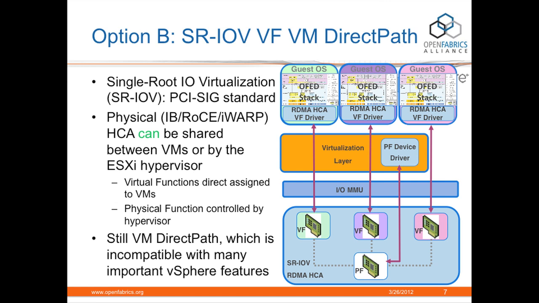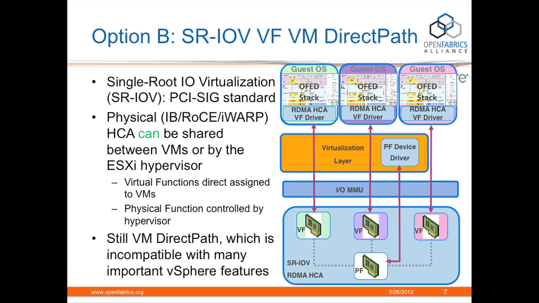But the virtual functions can now be direct assigned to different virtual machines. And you have a driver in your hypervisor which is controlling the physical function and still coordinating the partitioning of your HCA and things like that.